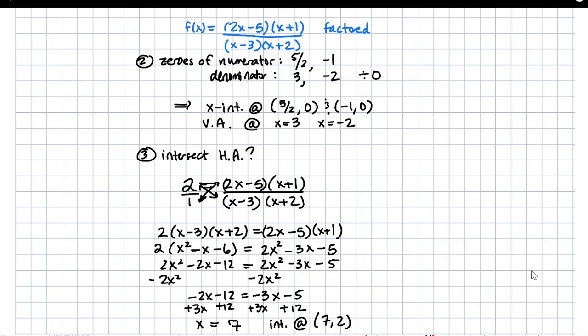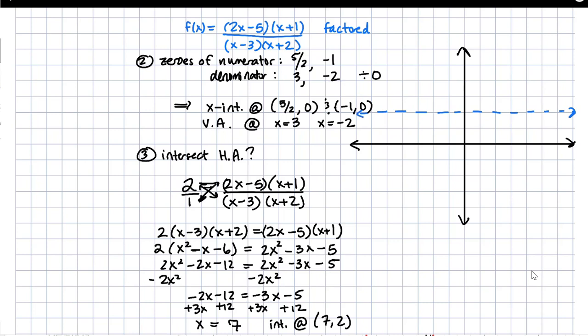Okay, so let's take a look at what the graph would look like. And sometimes you can kind of deduce this without even really needing the sign chart. So we need our horizontal asymptote at 2. Actually, I'll go ahead and use the blue color again. Okay, so at y equals 2, we have our horizontal asymptote.